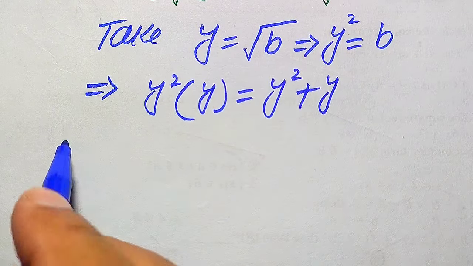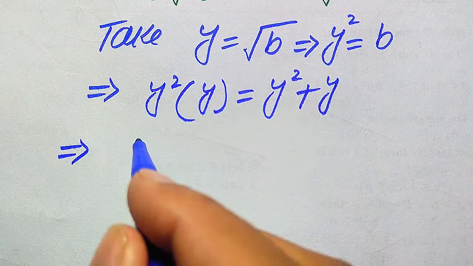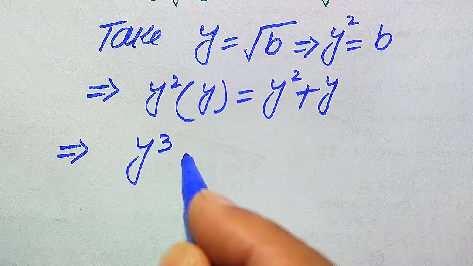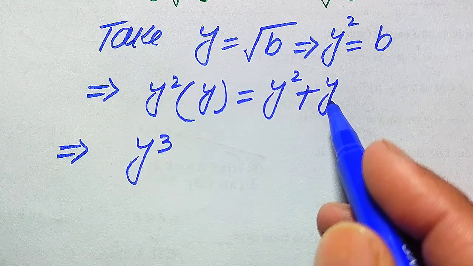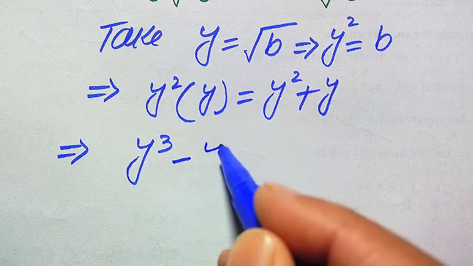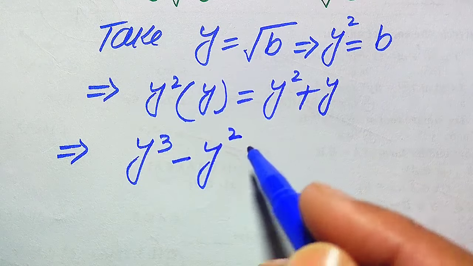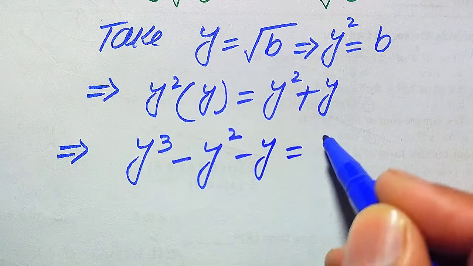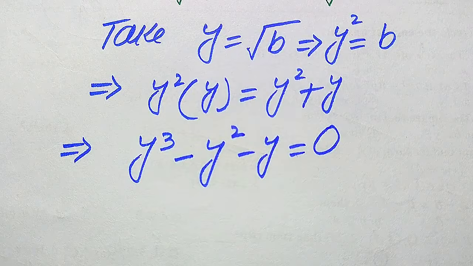Further, in the next step we multiply y squared by y, and it will be written as y cubed, equals y squared plus y. We move these two values from the right hand side to the left hand side and it becomes minus y squared minus y, and this whole equation equals 0.